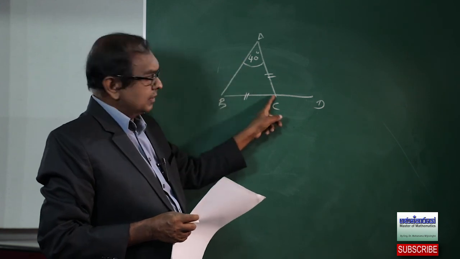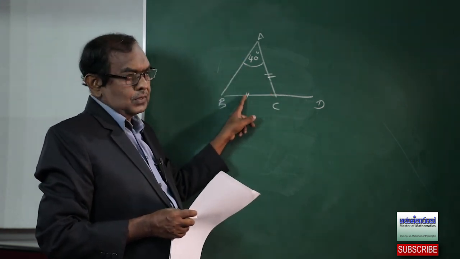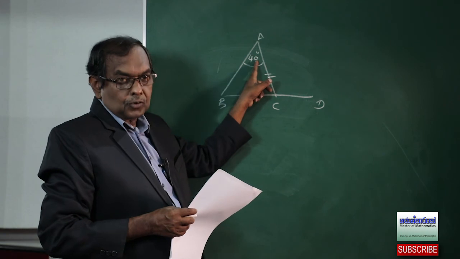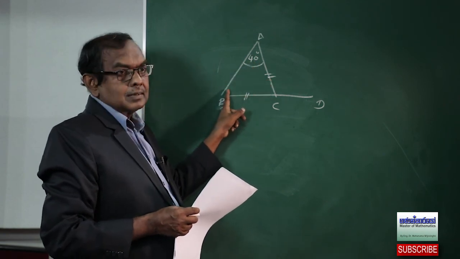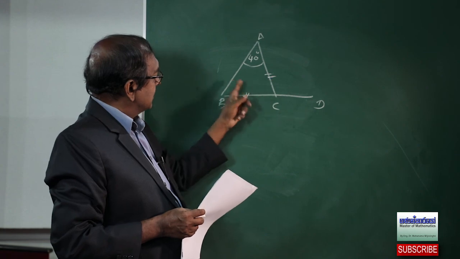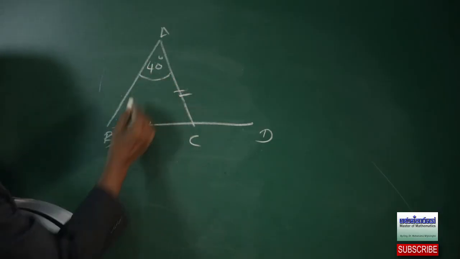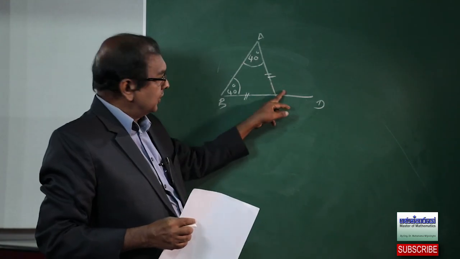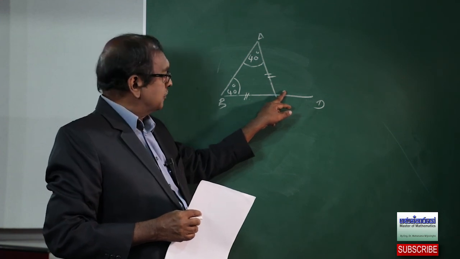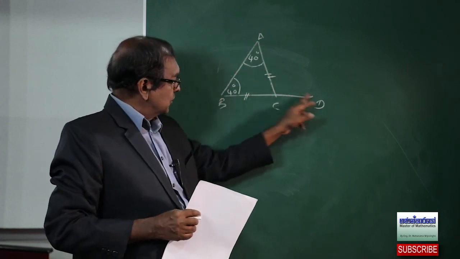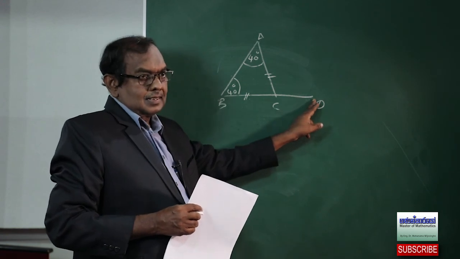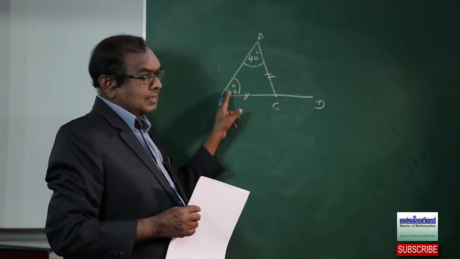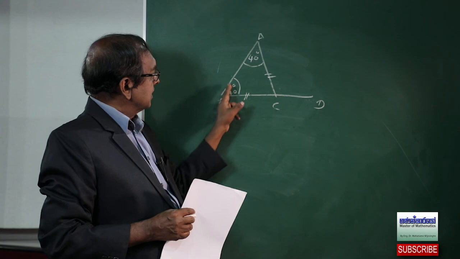According to this triangle, both sides are equal. Therefore, the angles opposite the equal sides should be equal. Since this is 40 degrees, this should also be 40 degrees, because the angles opposite the equal sides are equal. Then how do we get this value? There is a theorem for that. If we produce or extend one side, this exterior angle is equal to the sum of the interior opposite angles.